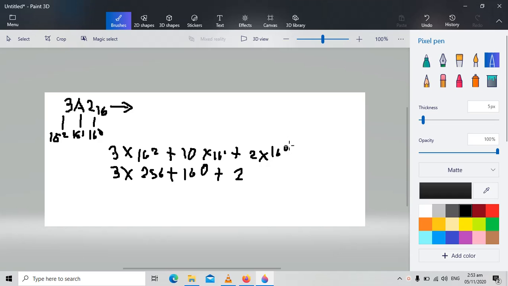Anything that is raised to the power of 0 is equal to 1. Remember that. So we multiply these problems and add the rest. 256 times 3 is 768 plus 160 plus 2 is equal to 930, and that's our decimal number here.